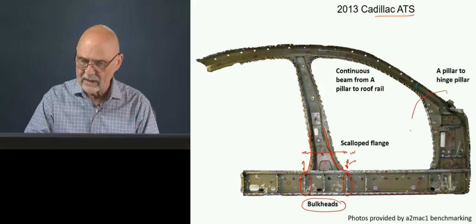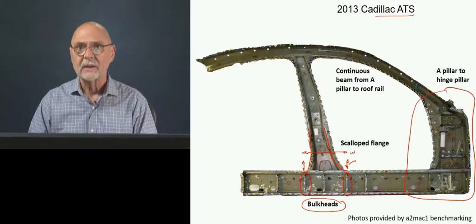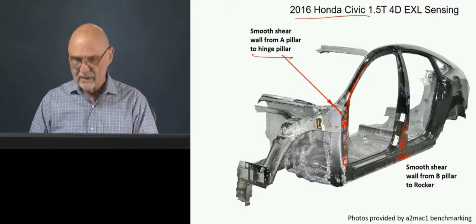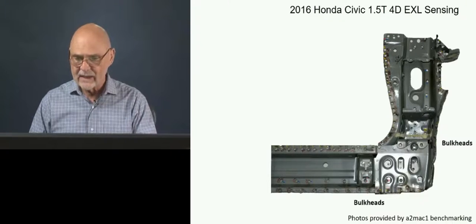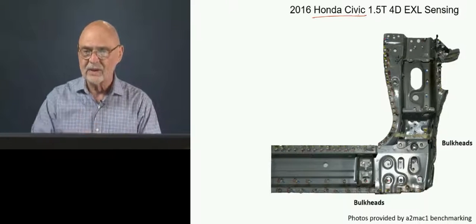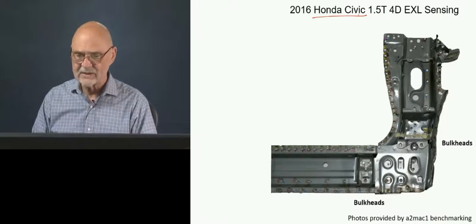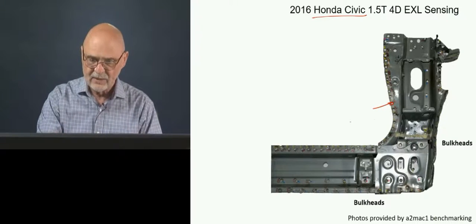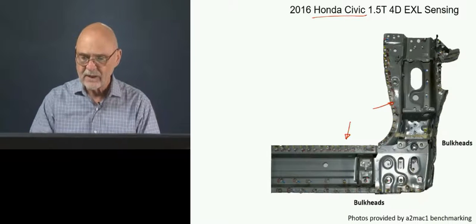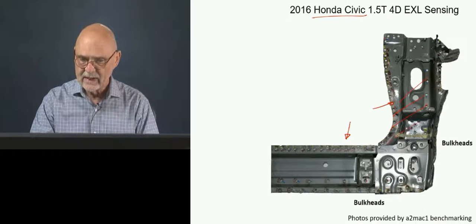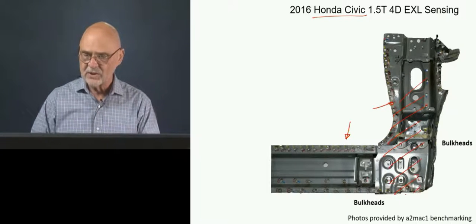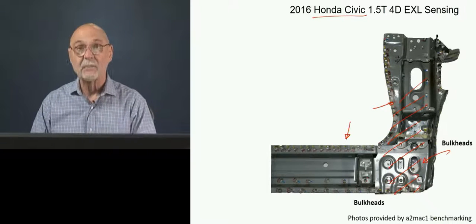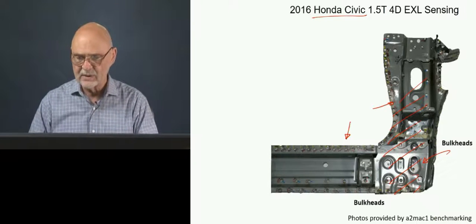In the next slide, we're going to be looking at this area of this design, and we're again looking at the Honda Civic in this case. Here is a joint between the hinge pillar and the rocker, and you can see that internally they have this nice transition here where they're using bulkheads in order to do this.